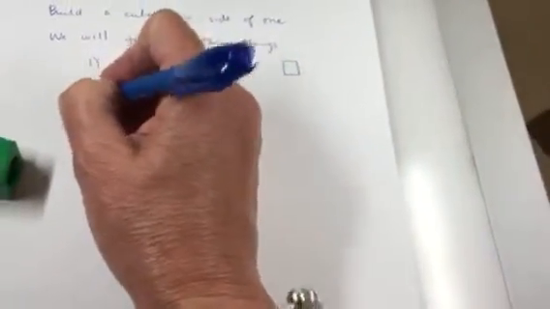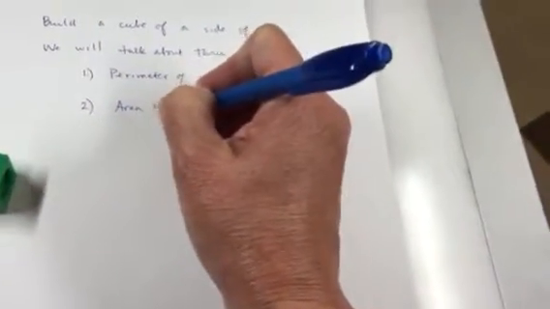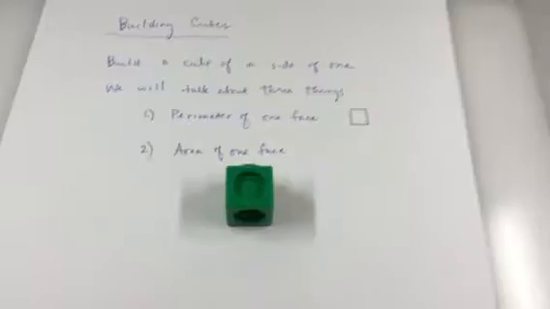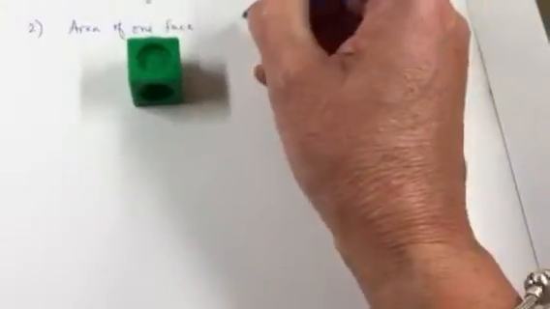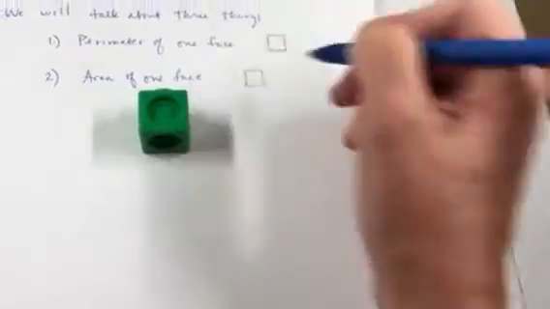The second thing we'll look at is the area of 1 face. And really, there's nothing to stop us from looking at the surface area, but that will kind of complicate it a little bit. We're just going to do the area of 1 face. So that would be the area of a square.